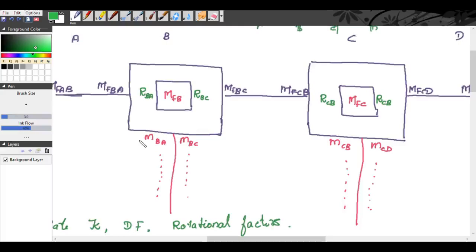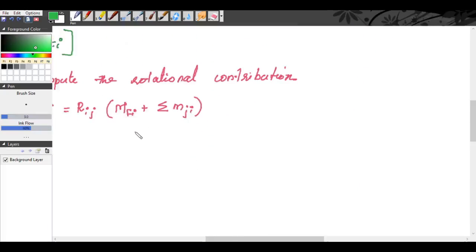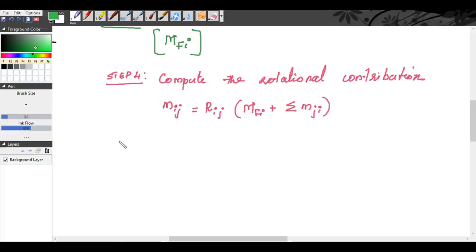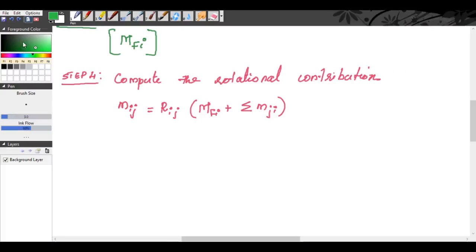Now step 5: using Kani's equation, determine the final end moments.